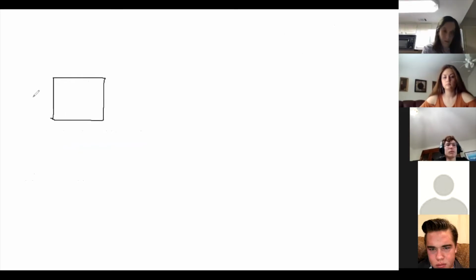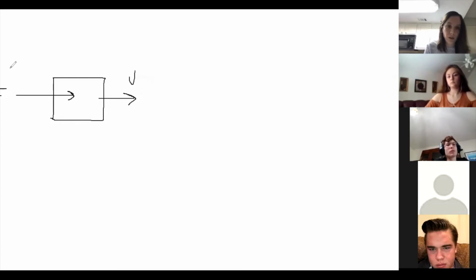Okay, so if you are moving the box forward, so if your force right here is to the right, and the box is moving to the right, so both the force and the velocity are in the same direction. So we'll call this the positive direction. To the right is positive. So if both your force and the velocity are in the same direction, this box will increase its speed. It will go faster. And that's positive work.